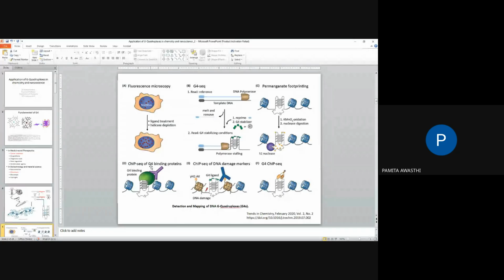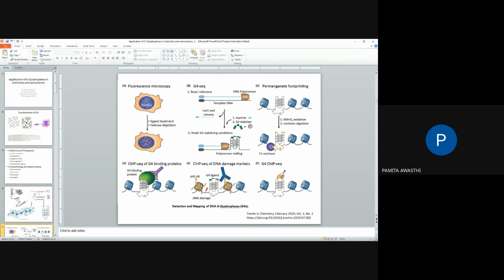Further, in combination with high throughput DNA sequencing analysis, it allows genome-wide detection of protein binding sites. So this particular technique is used to detect the interaction between the protein and DNA, and it is exploited here to detect the antibody binding against the G4 structure, rather than the protein.